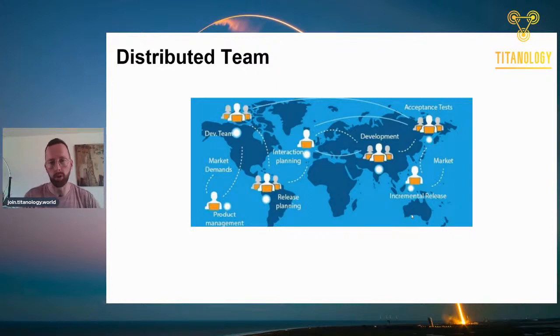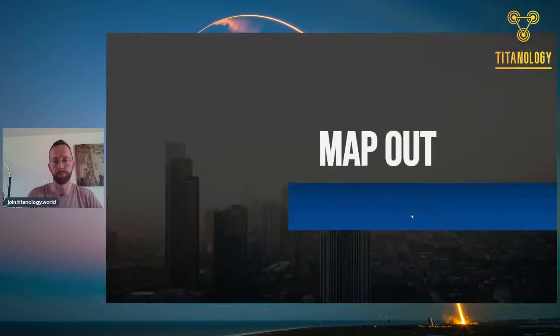Maybe you have a development team, maybe you have a support team, maybe you have a product management team. There's a lot of different members within your team. And again, they can be from different countries. And that's the beauty of it, of course, that you can have team members from across the world. You are not limited to the local market to find your team members, which is good. But again, it brings some problems.